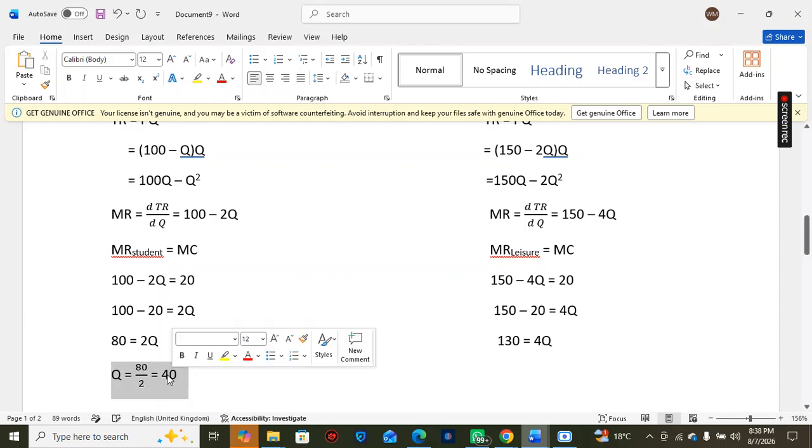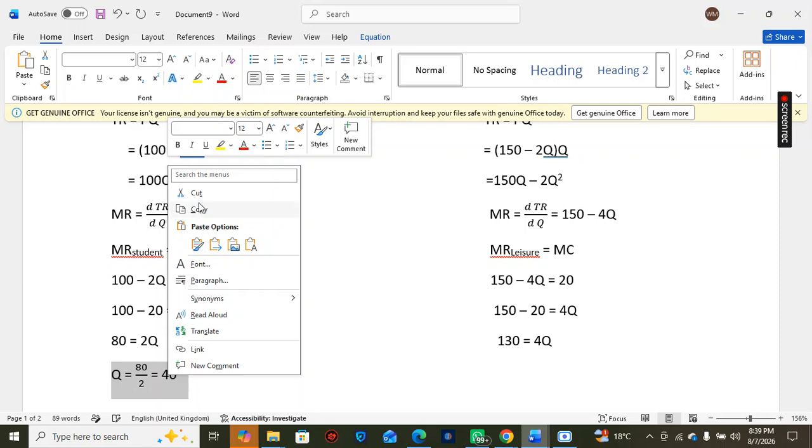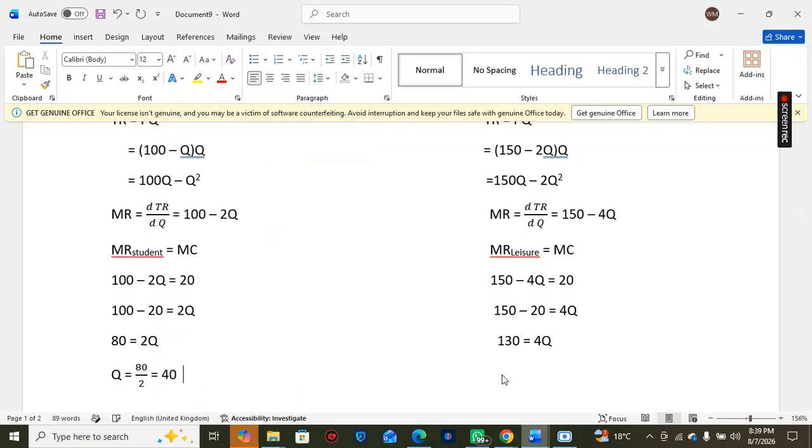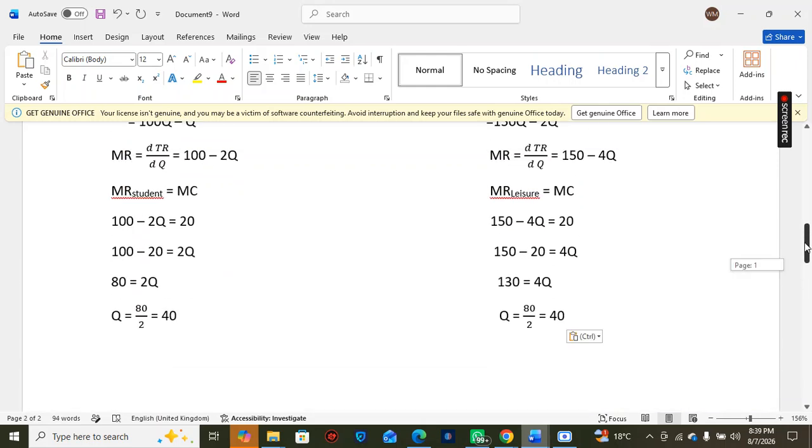So our value of q for the leisure travelers is 130 divided by 4. 130 divided by 4, that is 32.5. Okay. Which we can round off to 33 students.